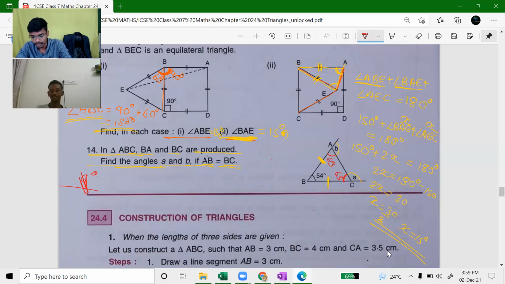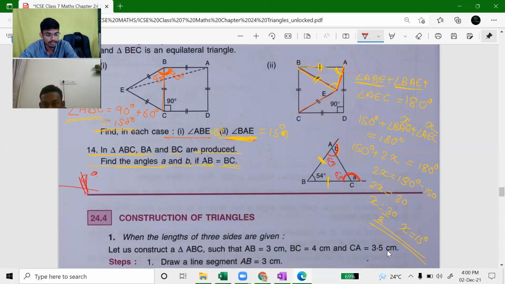Now can you find out angle A and angle B? 63 plus 63. We want to find this angle, beta, this exterior angle.